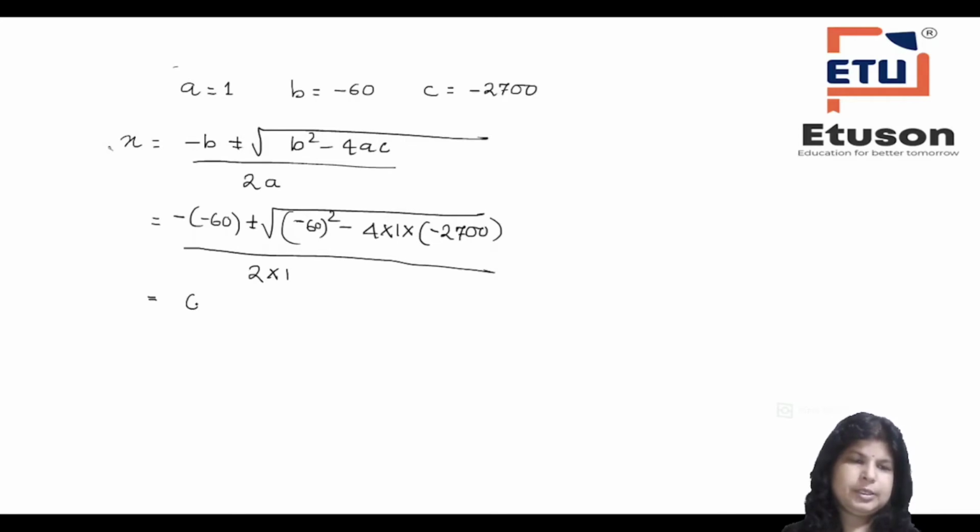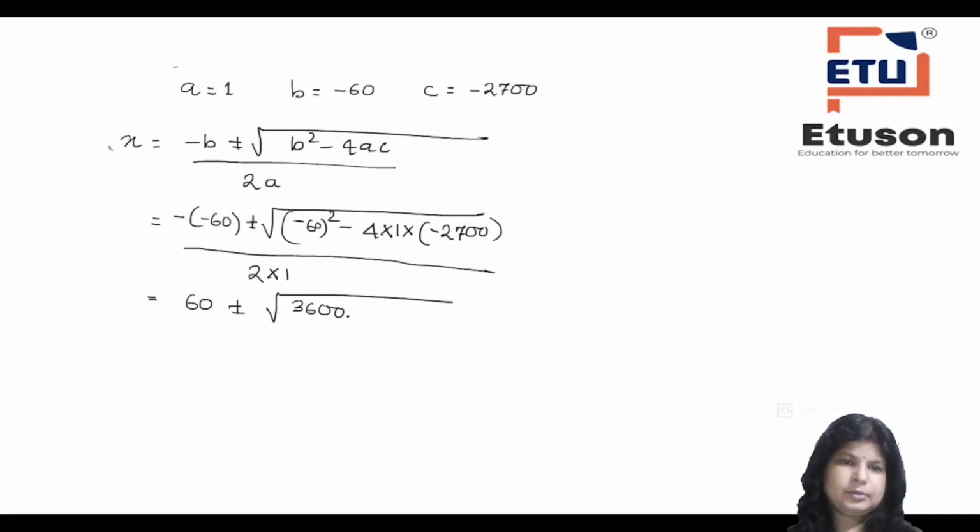So you'll get 60 plus or minus square root of 3600. So this becomes plus because you have minus 2700, right? So this becomes plus, so you will get how much?